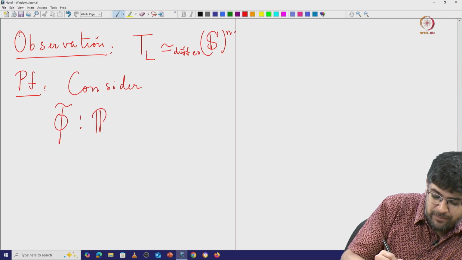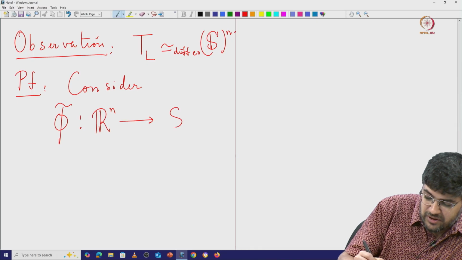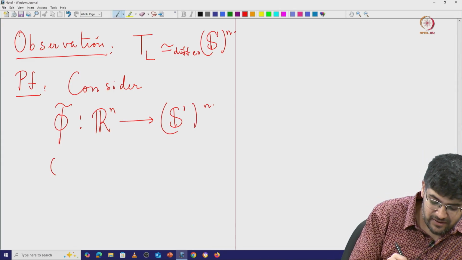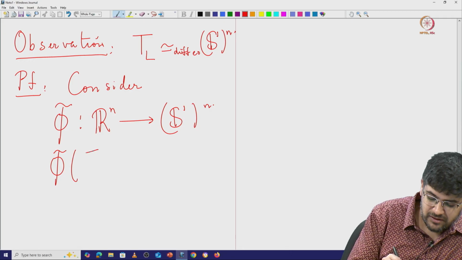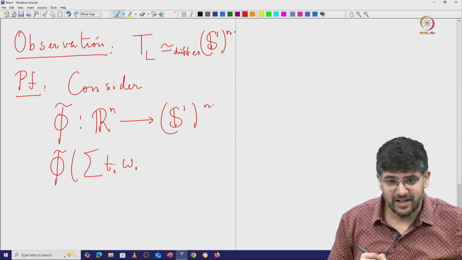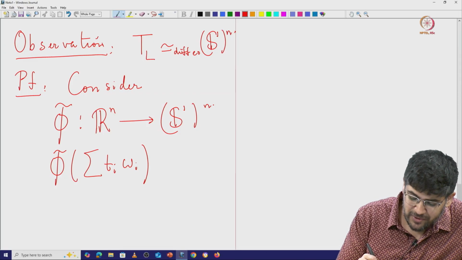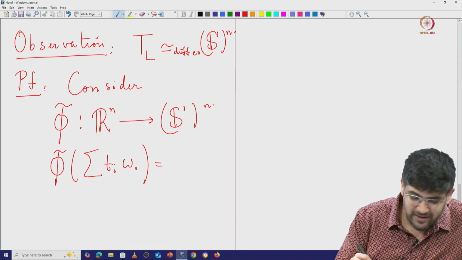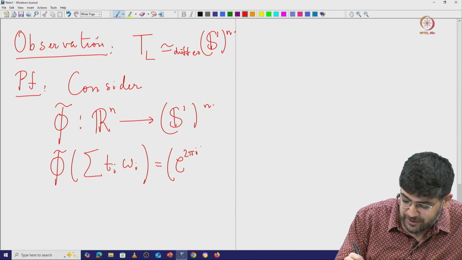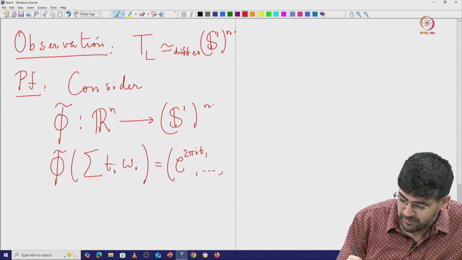So consider the following map from R^n to an n-fold product of circles. Because the omega_i form a basis, any point in R^n can be written in this form. Then I simply send it to the point on the circle represented by this tuple.